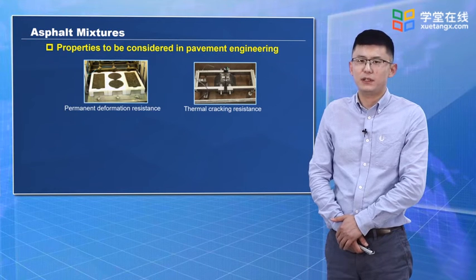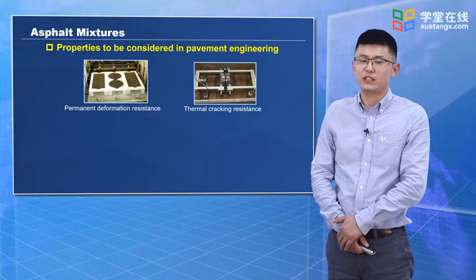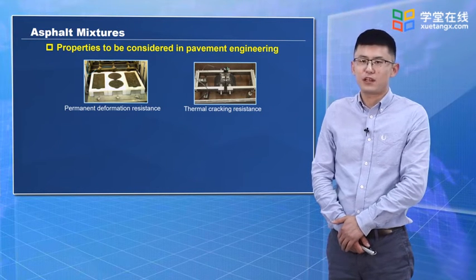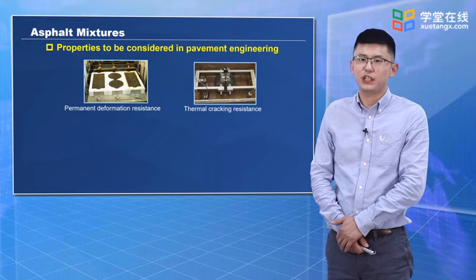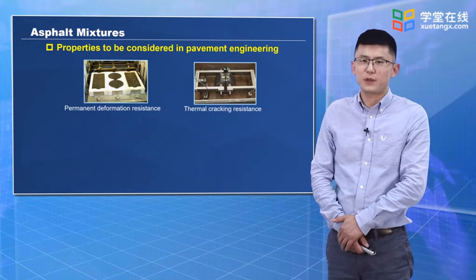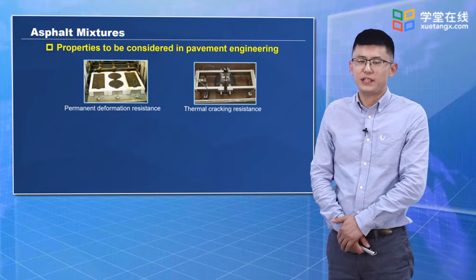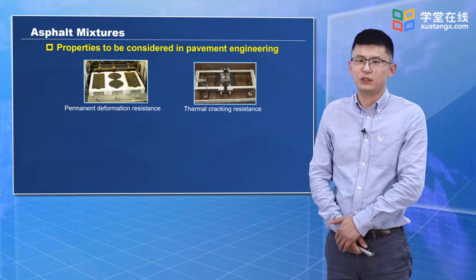That is permanent deformation. And the thermal cracking resistance is very important in cold regions, for example the northern part of China. In the winter time, you can see thermal cracking. It is generally transverse cracking, so sometimes we also call thermal cracking transverse cracking.